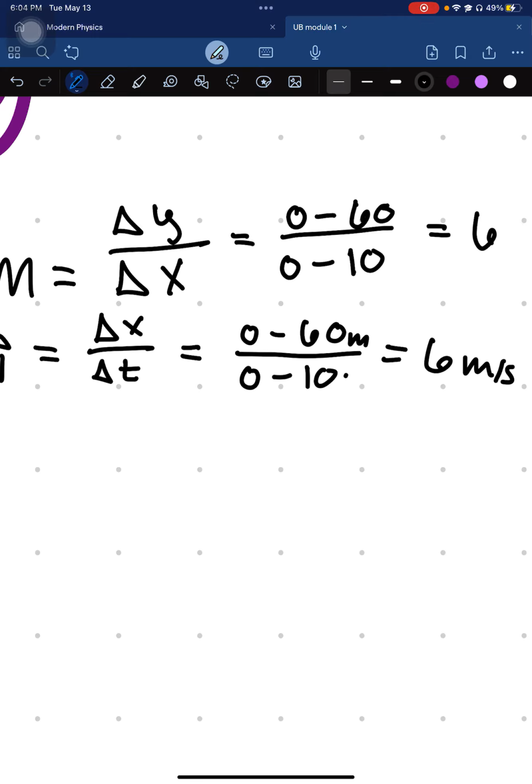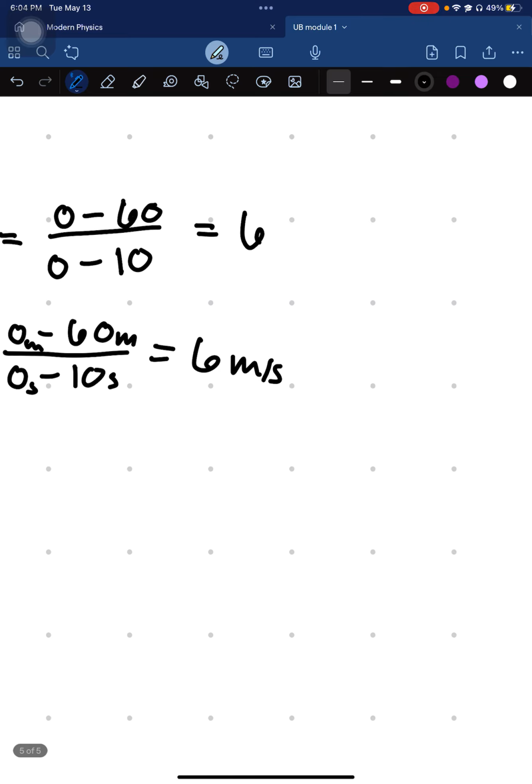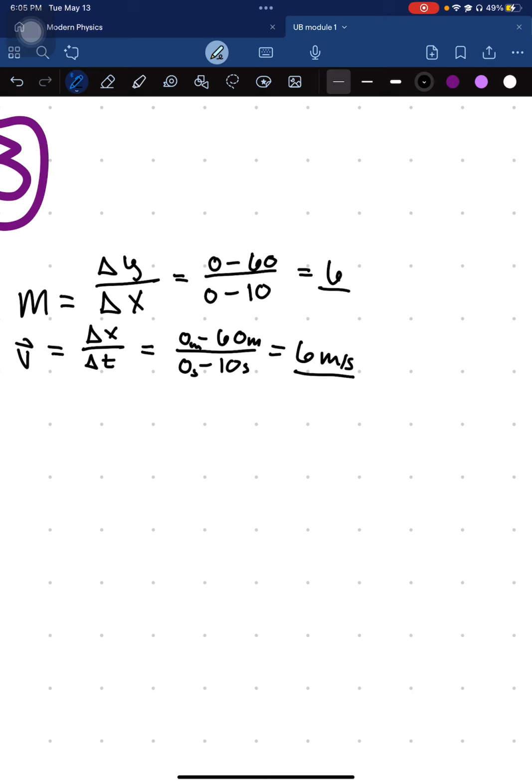And I totally forgot my units. Sorry about that. So as we can see here, our slope and our average velocity are exactly the same. If you want to do this for any portion of the graph, you are going to see that the slope is always going to equal the average velocity of that section, which is really cool.